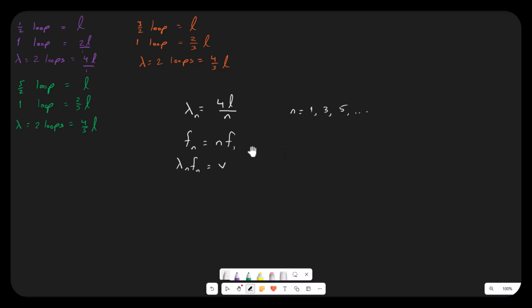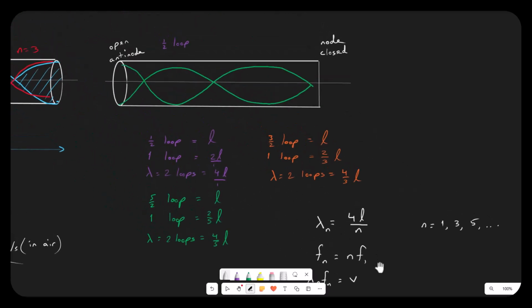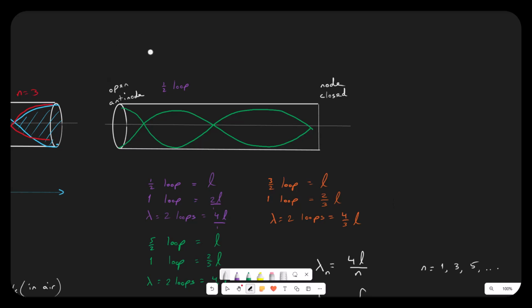So maybe there are good ways of remembering this. Maybe what we see is when we have asymmetric boundary conditions, meaning they don't match, maybe I can remember that asymmetric boundary conditions are a little weird.